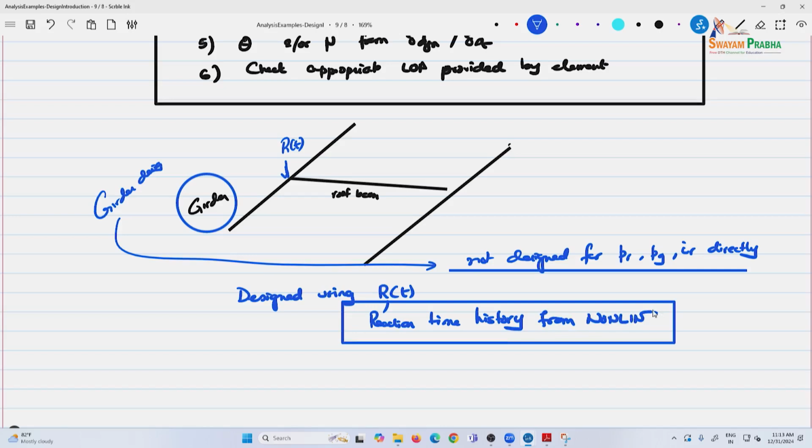Maybe I'll get into a little bit of that, but as an overall point, it is designed for the reaction forces directly, because they are already accounted for, and then you can take the max values, or you have to be creative basically in doing something like that.